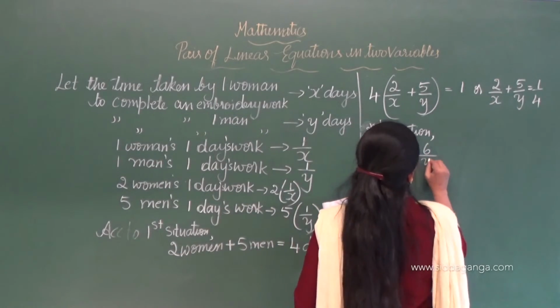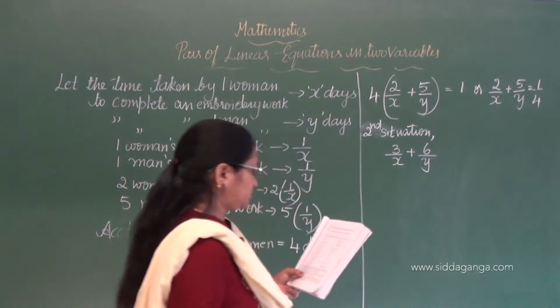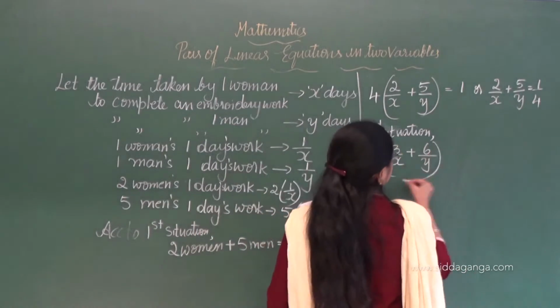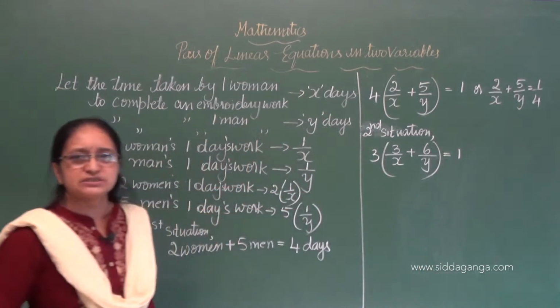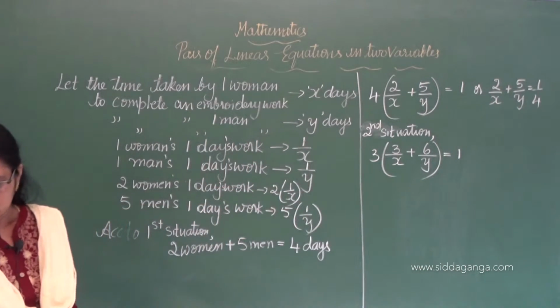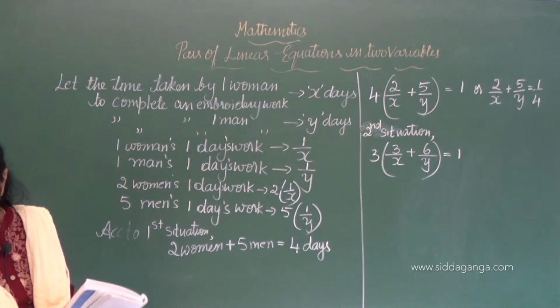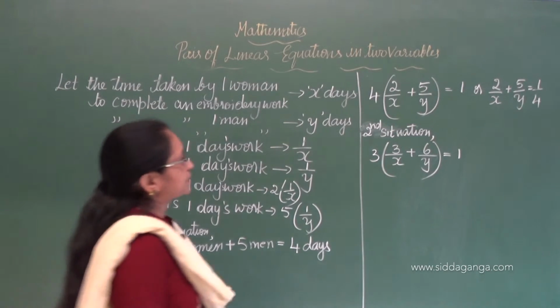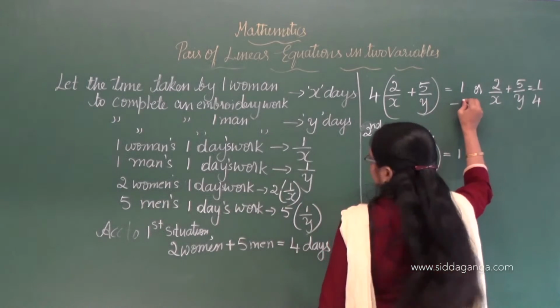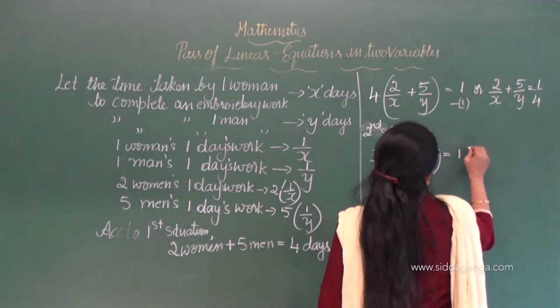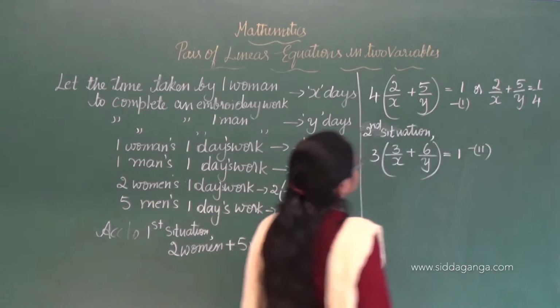In 3 days, they have given, 3 days is equal to 1. So, these are the 2 equations that you have to work out now, okay. Now, we have these 2 equations. This is the first equation and this is the second equation.